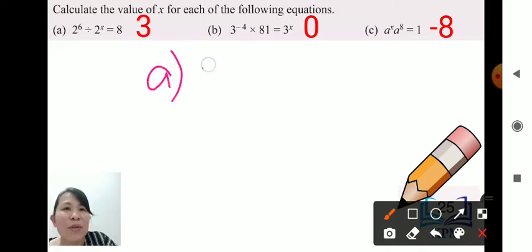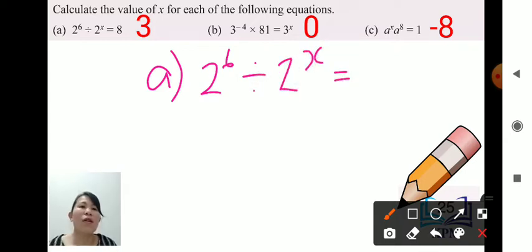2 to the power of 6 divided by 2^x is equal to 8. We have base 2 here, base 2 here, but this is not in base 2, so we have to change it to base 2.